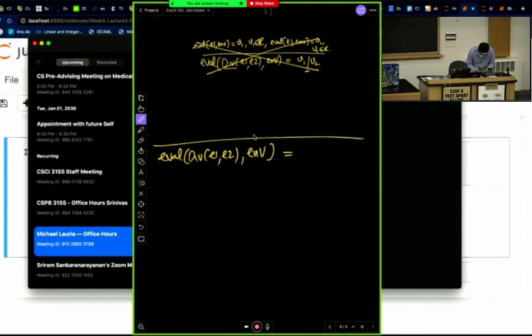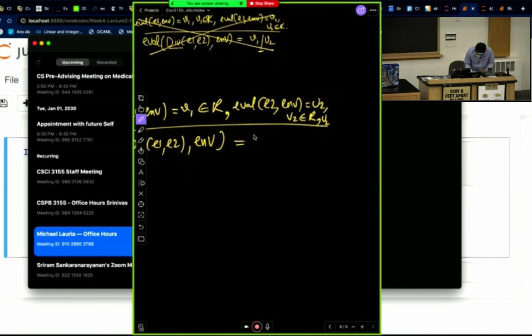You eval the first expression E1 under the environment. Let's say you get V1 and let's say that's a number, and you eval E2 under the environment. Let's say you get V2, a number, and this is the most important part, you also say V2 is not 0.